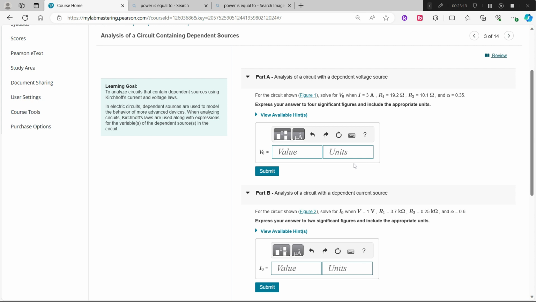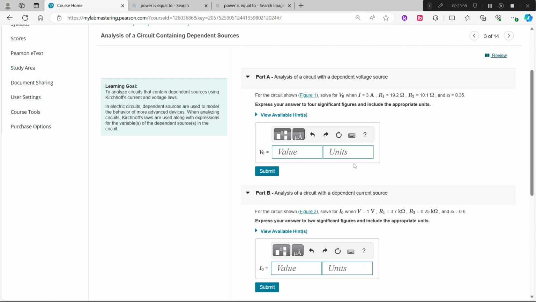Okay. So we're given I is equal to 3 amps. R1 is equal to 19.2 ohms. R2 is equal to 10.1 ohms.